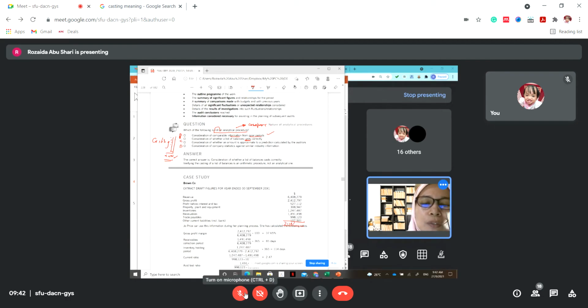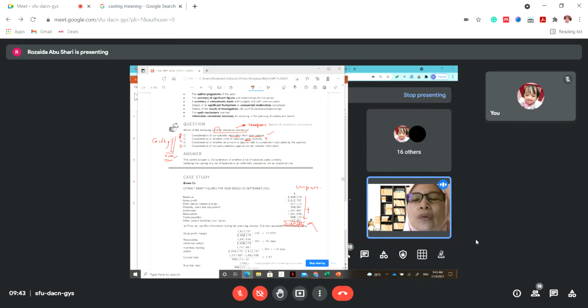What should you do? You cast. Take a calculator, add everything up, and check whether the amount is 2 million. If correct, you tick it. That is what you do in audit. You recalculate and add everything. So is it compare? No. So this is not compare.